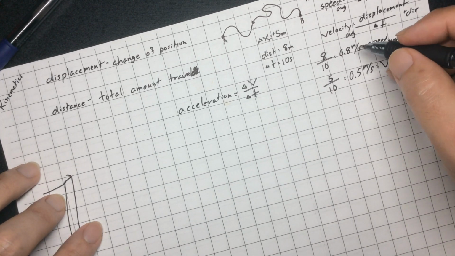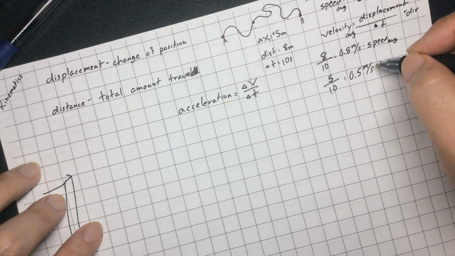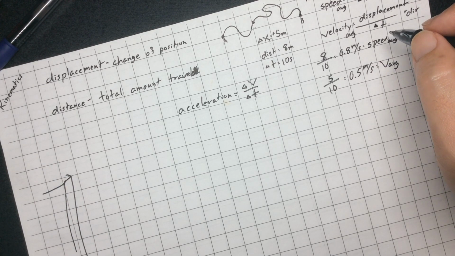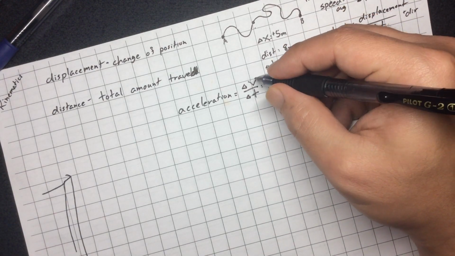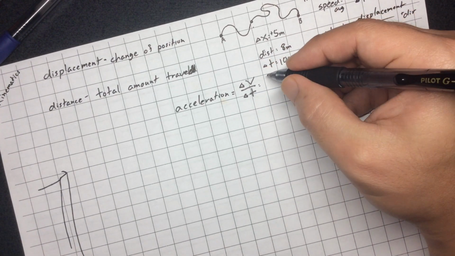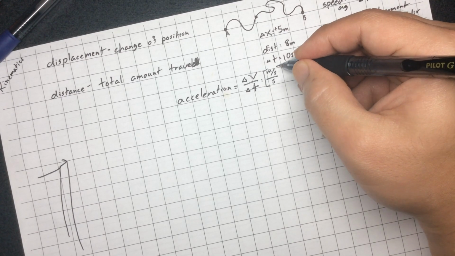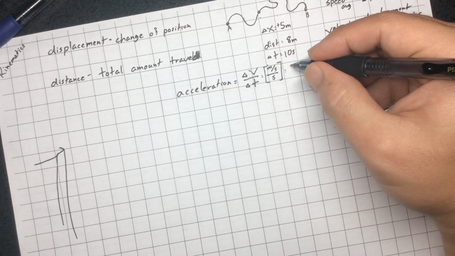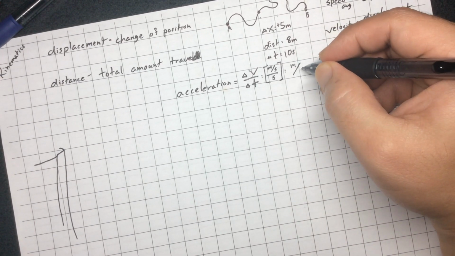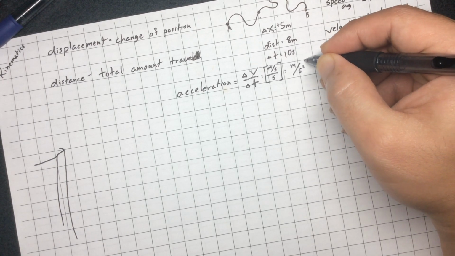Velocity is going to be your meters per second, your displacement over time. Now, acceleration is going to be units of changes of velocity, which are already meters per second, divided by changes of time, which are in seconds. And so the units for your acceleration would be meter per second per second, or meters per second squared.